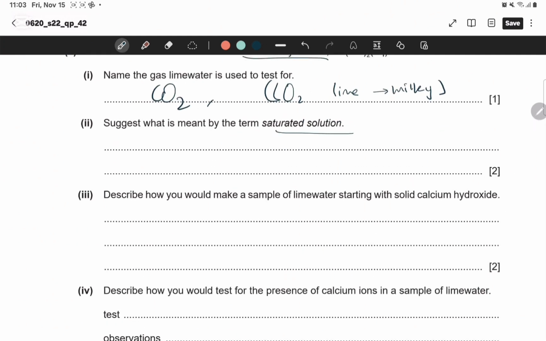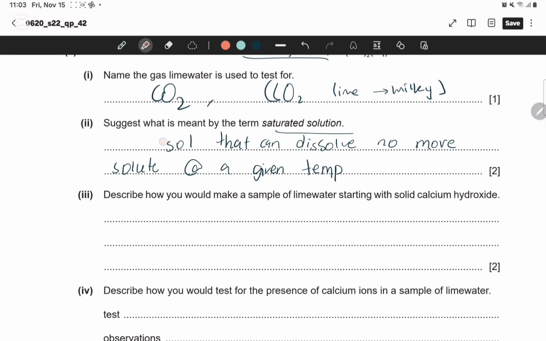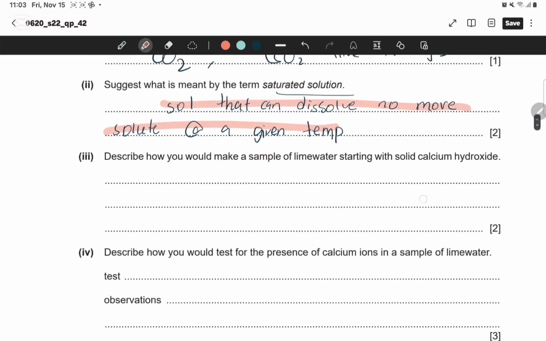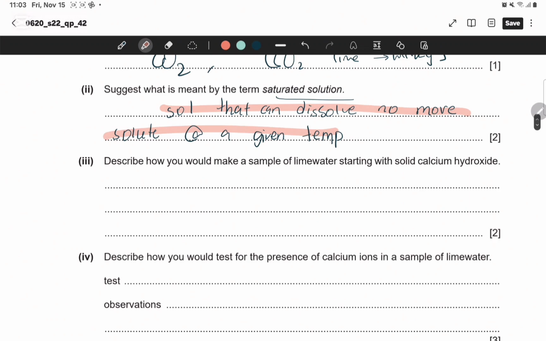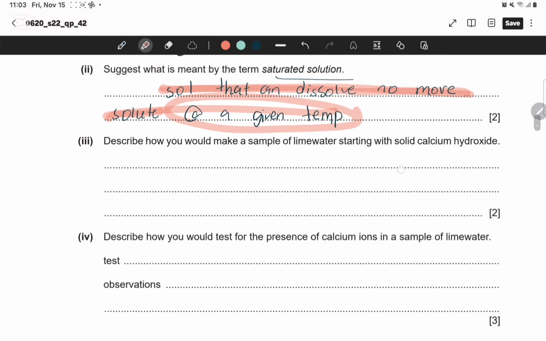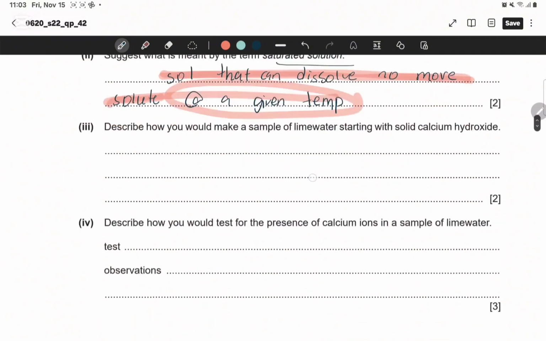A saturated solution is a solution that can dissolve no more solute at a given temperature. Okay, you have to memorize this, okay? So 1 mark for this, and 1 mark for at a given temperature, okay?